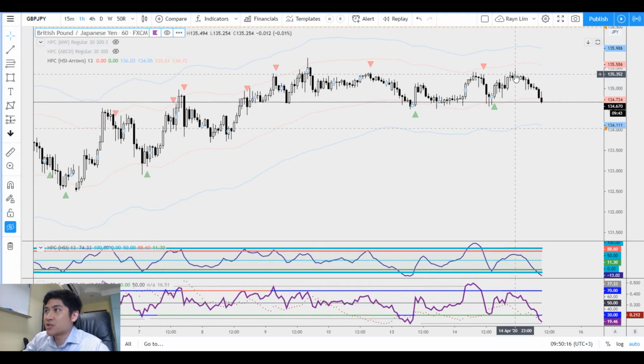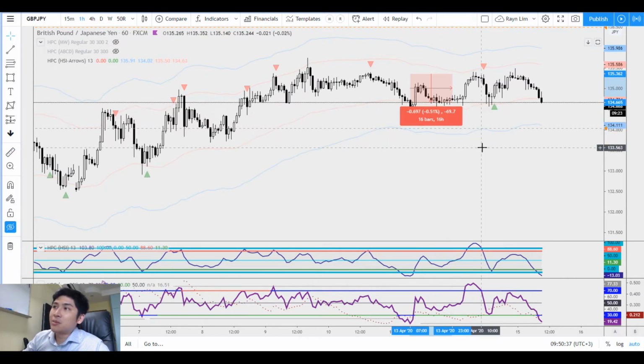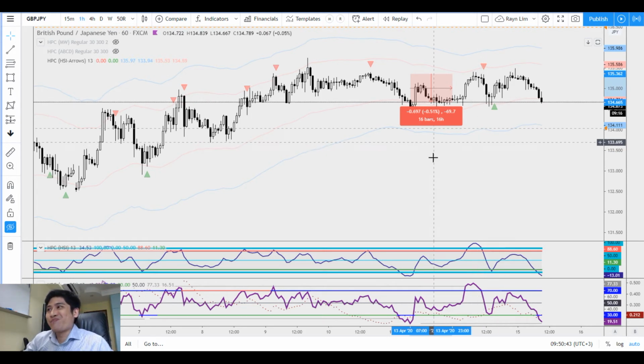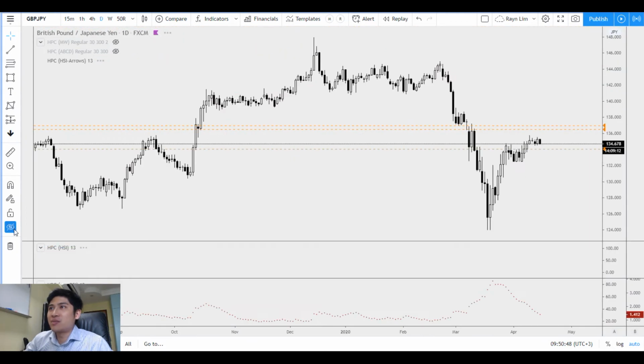So this is your exit price, 135.35, about minus 1 pip. Where the arrow was here, maybe you engage at this price, about 68 pips after minus the 1 pip. So not too bad, right? 68 pips, guys. I don't know about you, but this is one thing you can think about.